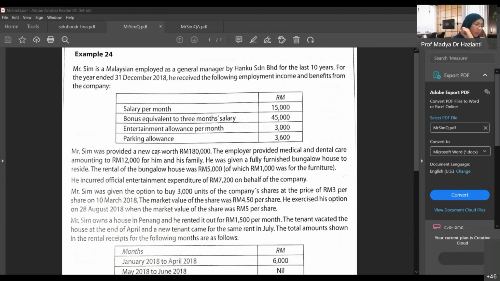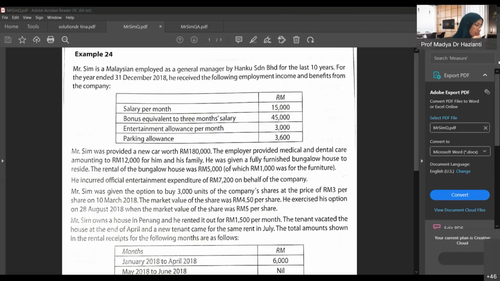Okay, kita start dengan apa kalau 13(1)(b) ni? Kereta. Okay, we start with car. Right, so kena tengok table lah.